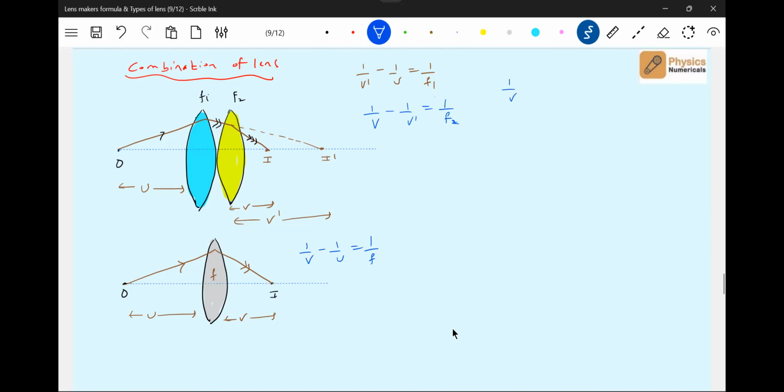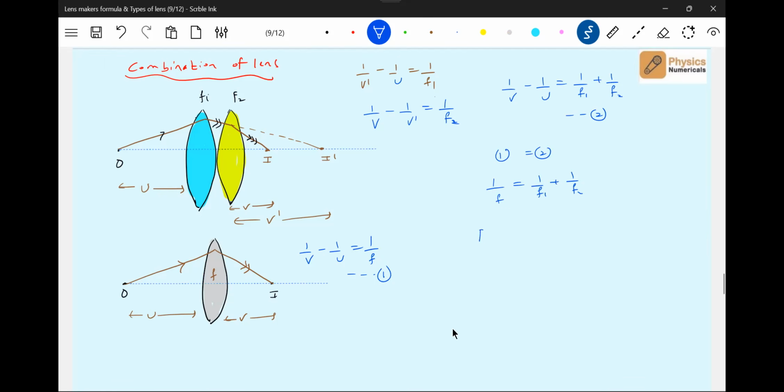I'll end up with the equation 1 by V minus 1 by U. This is equation 2, this is equation 1. Comparing 1 and 2, what can we write? 1 by F equals 1 by F1 plus 1 by F2. Even if there are n number of lenses, you can apply this particular formula.